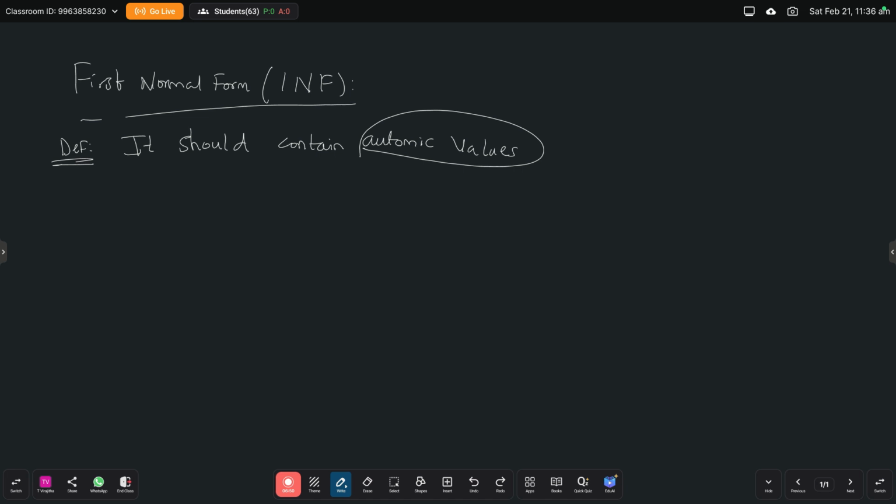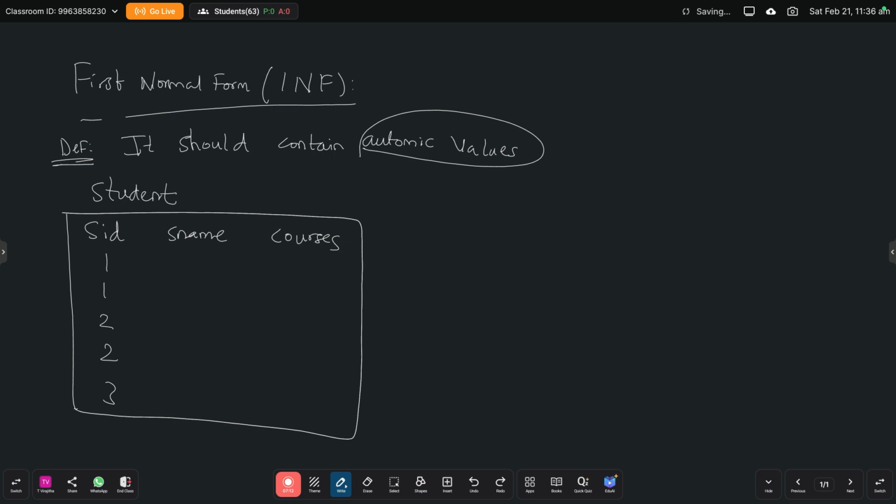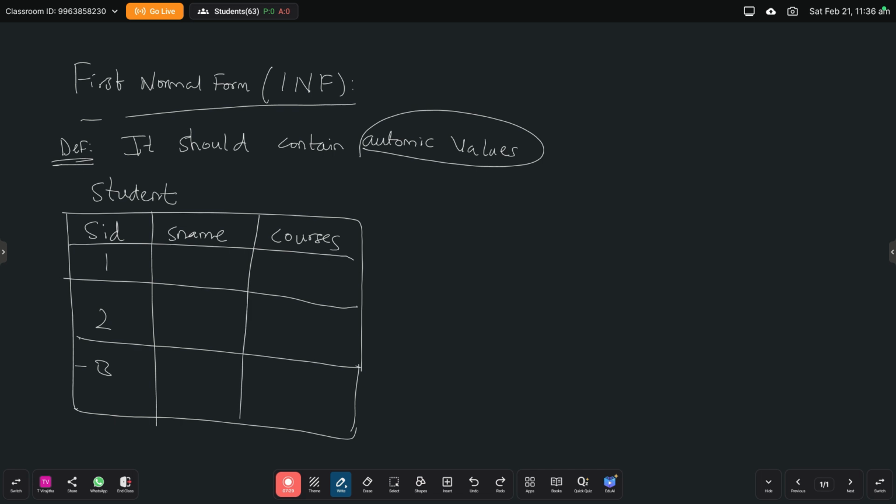For example, take a student table which contains SID, name and the courses taken. Suppose I have three rows with SID as 1, 2, 3.